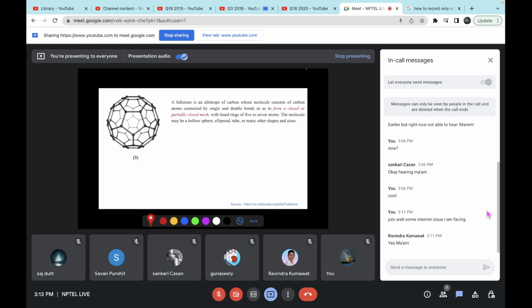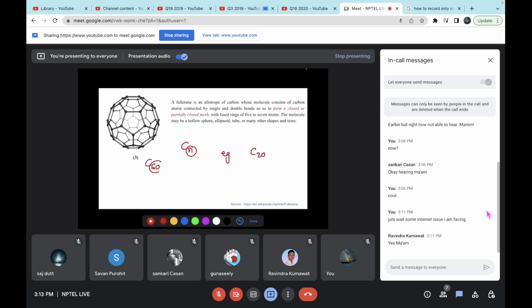Fullerenes are denoted, for example, as Cn, where n is the number of carbon atoms. For example, this is C60, and there is C20 also.